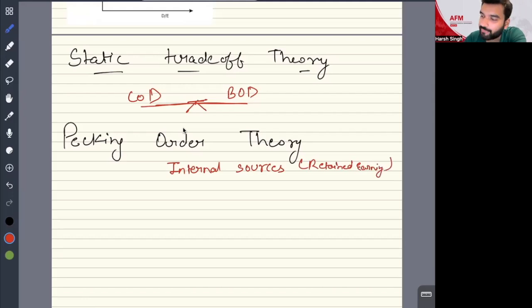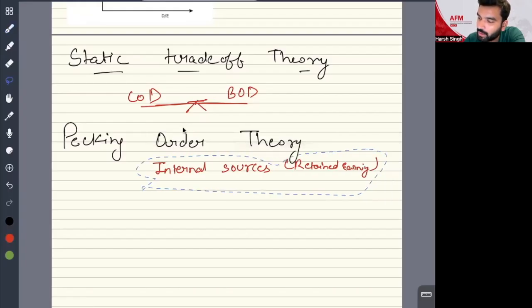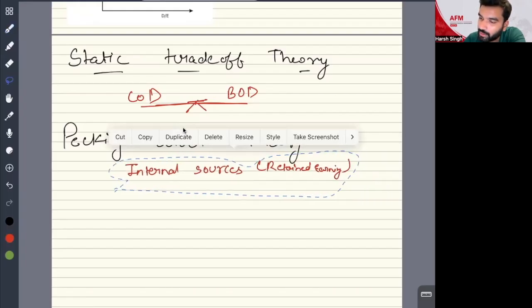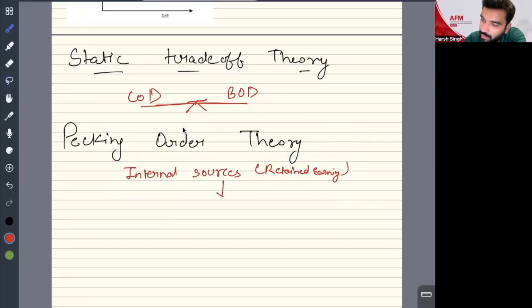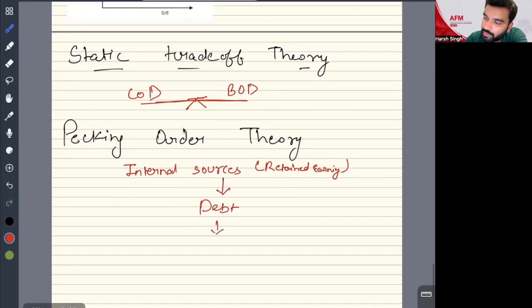Okay, after that you can go for debt. After that you can go for equity. First of all, you should raise from internal sources, then from debt, and then from equity. Okay, these are the three things that we can talk about.